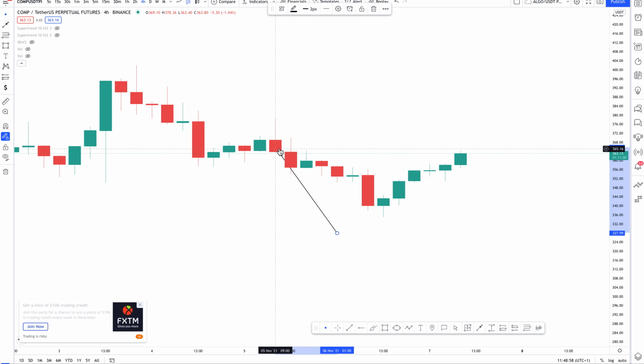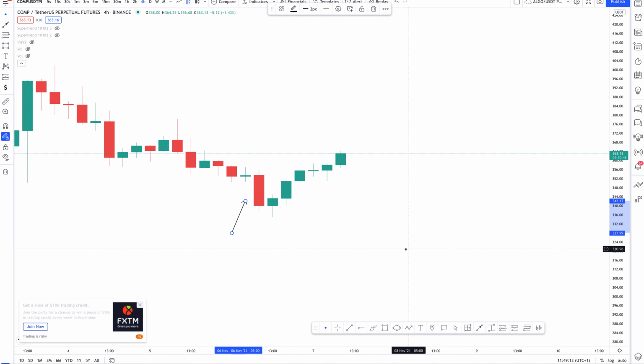Another thing you need to understand is that higher time frame candles are comprised of lower time frame candles. Let's do it this way for better illustration.